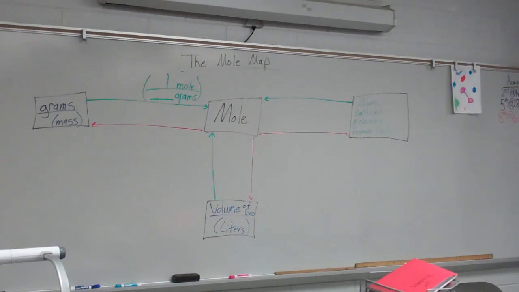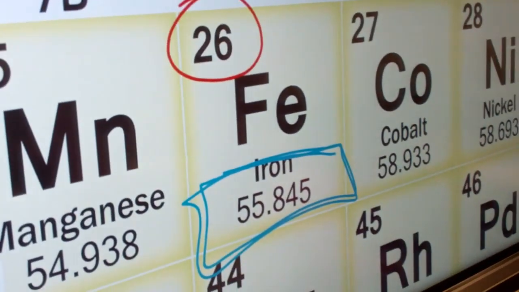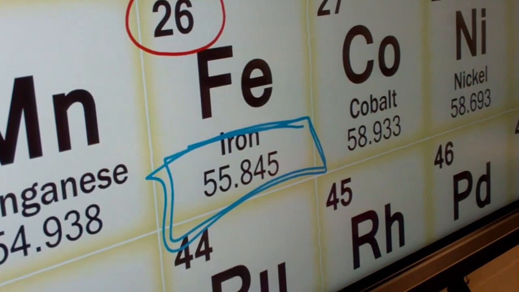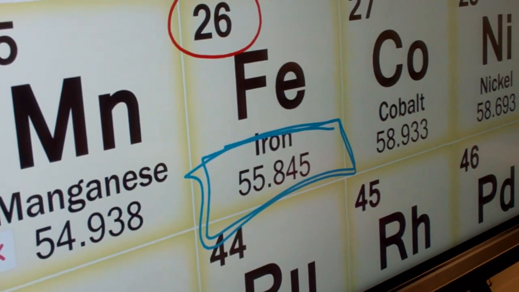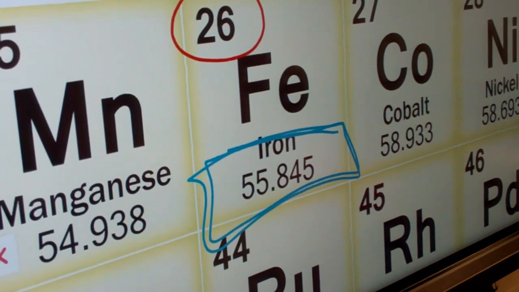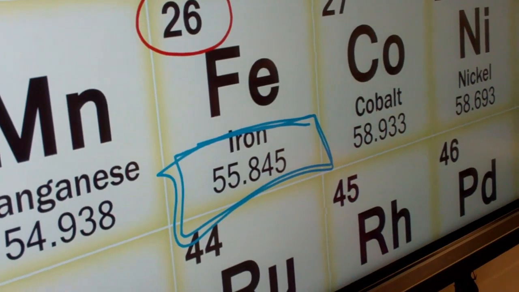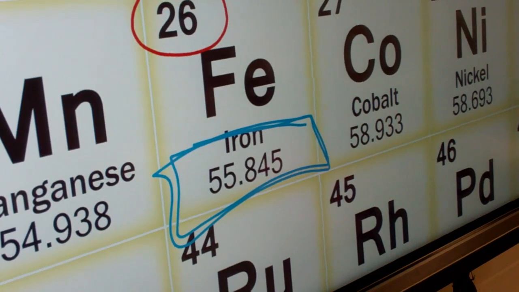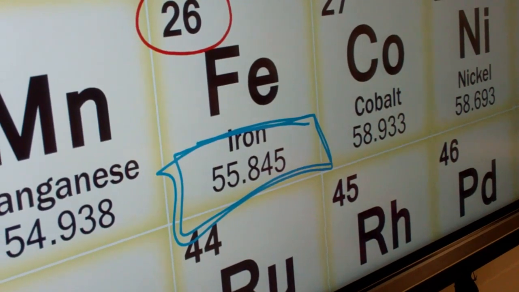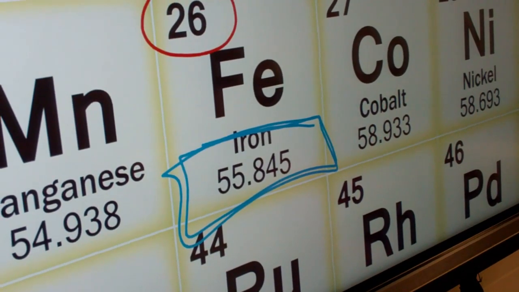And guess what that is? This number, if you're watching the video, close your eyes. Now open your eyes. The number in blue, that 55.845, guess what that is? The average atomic mass. And guess where it goes? In your blank spot on your mole map.